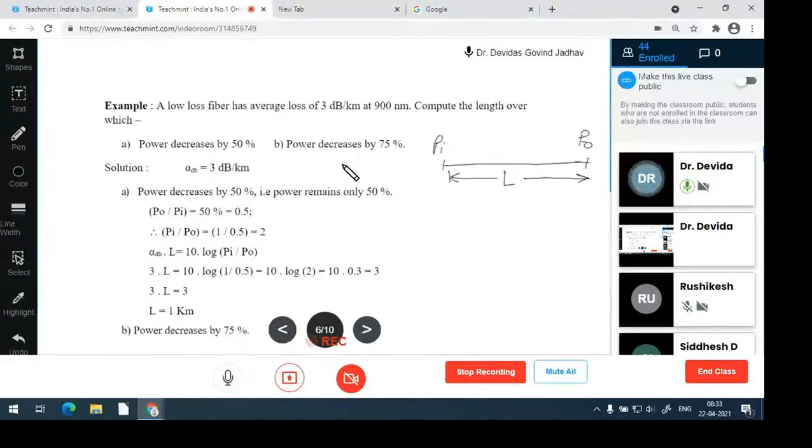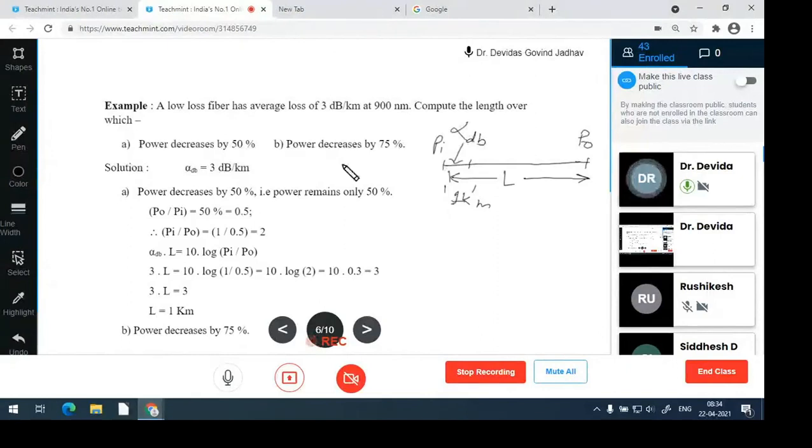Suppose this is 1 kilometer, then the attenuation is alpha dB.